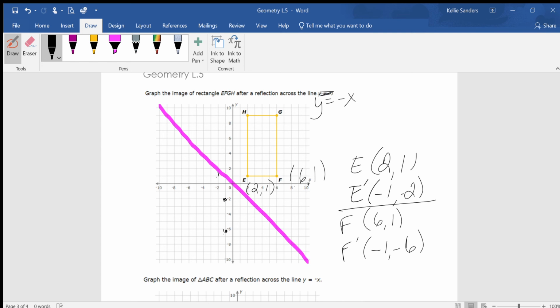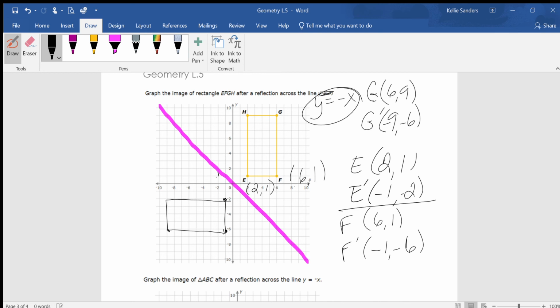And then G, and I'm just kind of slopping all this on here, 6, 9. So what do you think G prime is going to be? -9, -6, and then you can kind of finish it off like that.